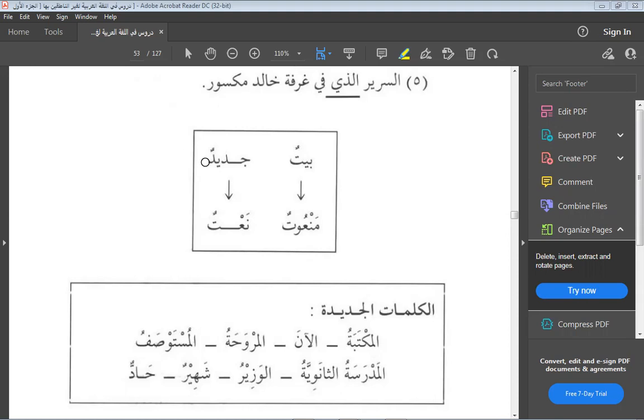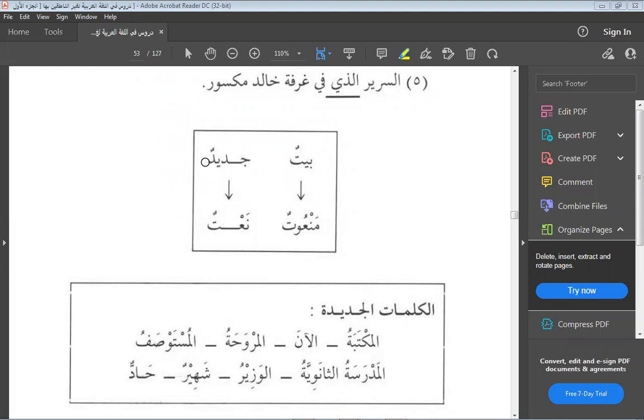Number two is gender. They must also agree in number three, number. So you have one word, you want to give it an adjective, you should give it an adjective that is singular. So you say waladun jamilun.